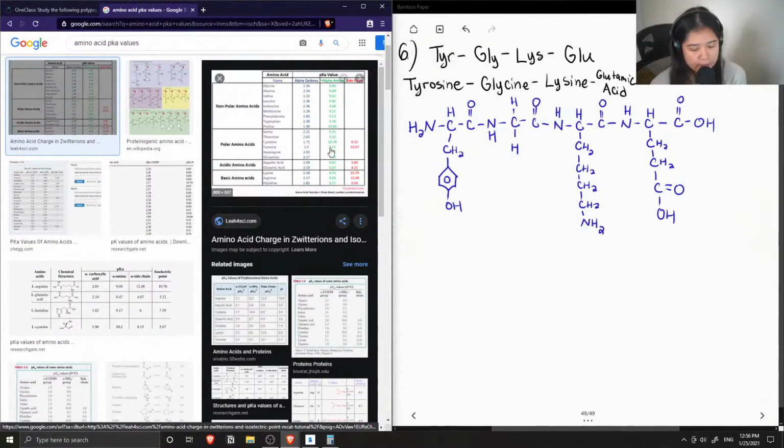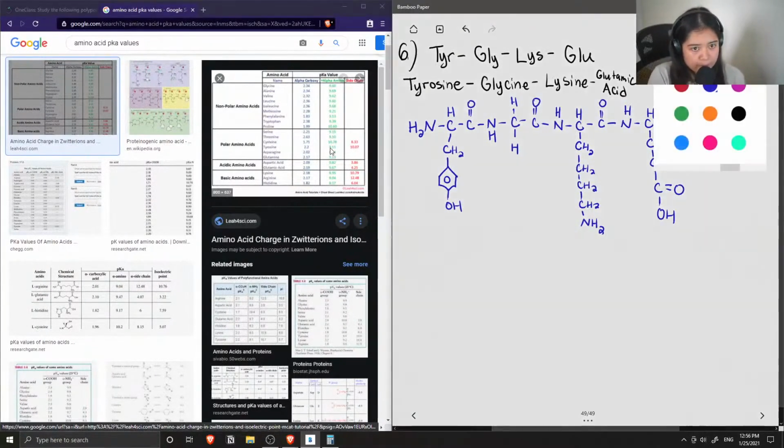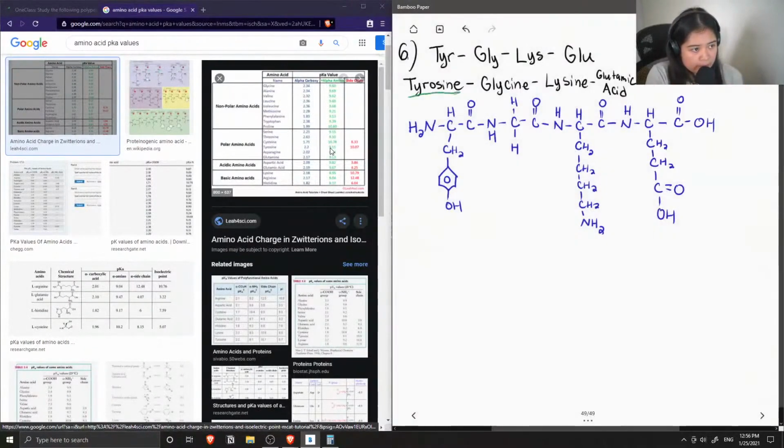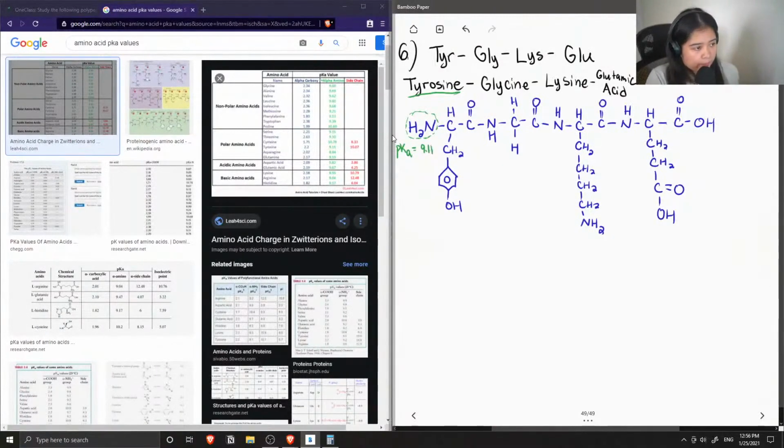Its pKa for the amino group is 9.11. Let me highlight this in green and show that its pKa is 9.11. We don't have to worry about its alpha carboxy group because it is part of the chain, so it doesn't have a hydrogen there.